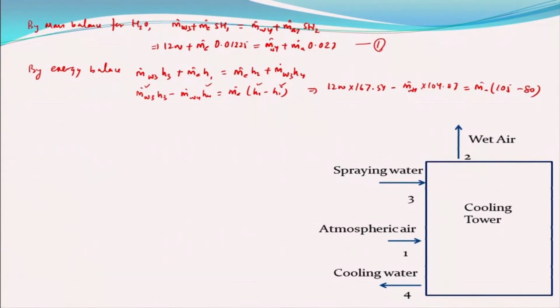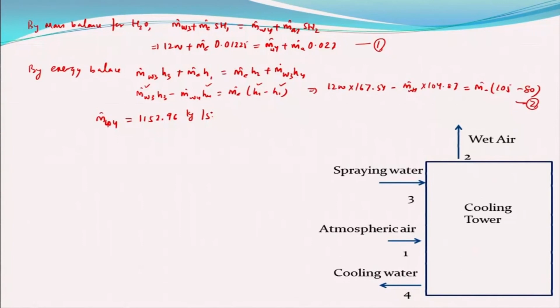So you will get equation 2 here. If you solve equation 1 and equation 2 and eliminate the mass flow rate of air, I can get MW4 is equal to 1152.96 kg per second.